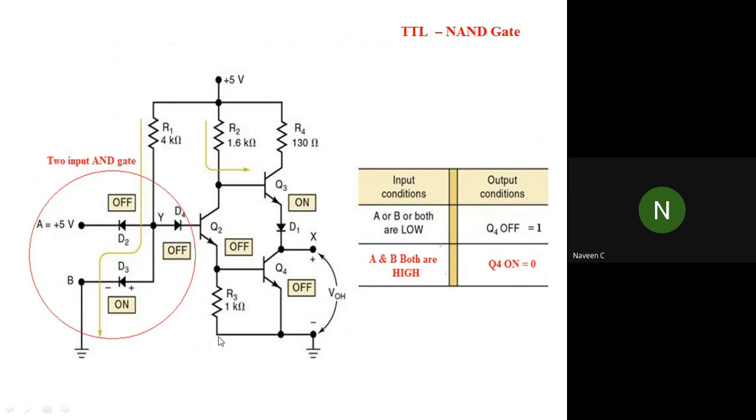If you follow this configuration, whenever any one of A or B gets a low input, your output will be high, and whenever you give A and B high input, your output will be 0.